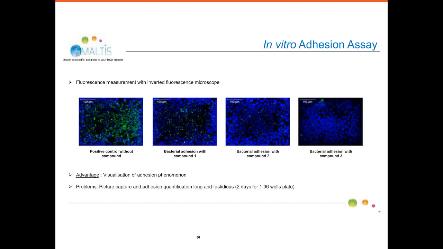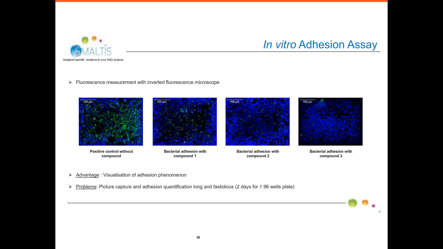Then, once pictures are taken, we must measure each colored surface area using the microscope software: the black one, the blue one, and the green one, in order to make a ratio and quantify the adhesion phenomenon of each strain, and therefore the impact of each tested molecule. To give you an idea, before using the Tecan reader, we needed about 2 days per plate to quantify the adhesion of bacteria on eukaryotic cells.